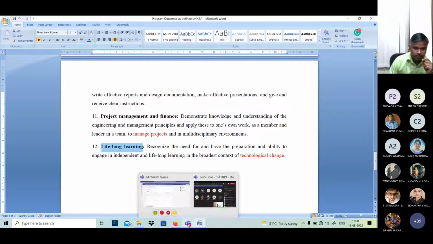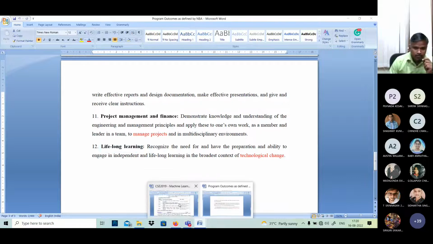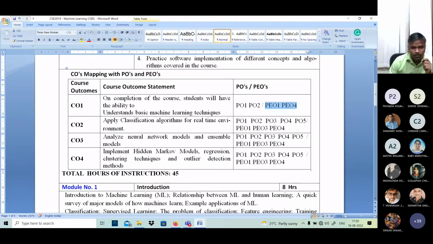So when you are learning this course, machine learning, the course outcome related to engineering knowledge: you will get the knowledge about the basic machine learning techniques, and you are able to analyze the problem by using basic machine learning techniques.